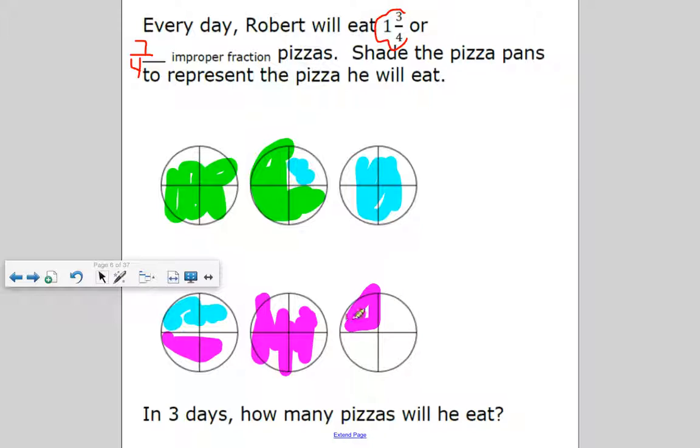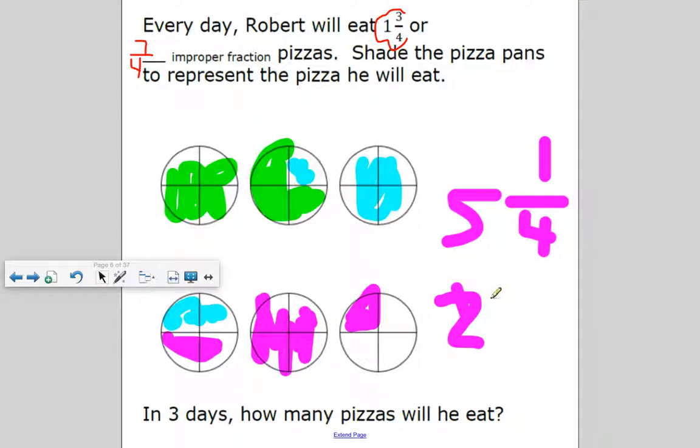So in 3 days, he eats 1, 2, 3, 4, 5 whole pizzas and 1/4. Or how many fourths of a pizza does he eat? 4, 8, 12, 16, 20, 21 fourths. Either answer is correct. I prefer 5 and 1/4 because it doesn't make sense to say I ate 21 fourths of pizza.